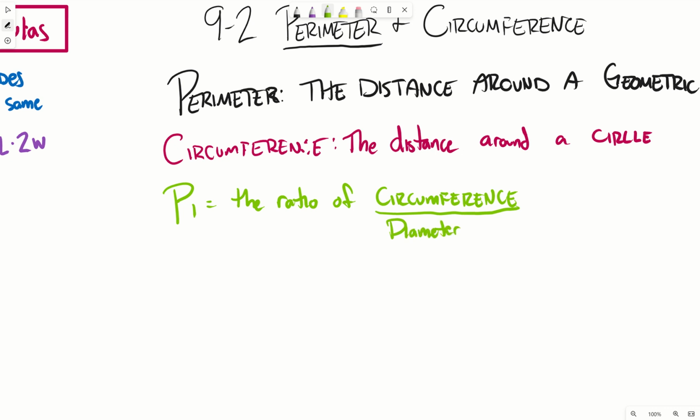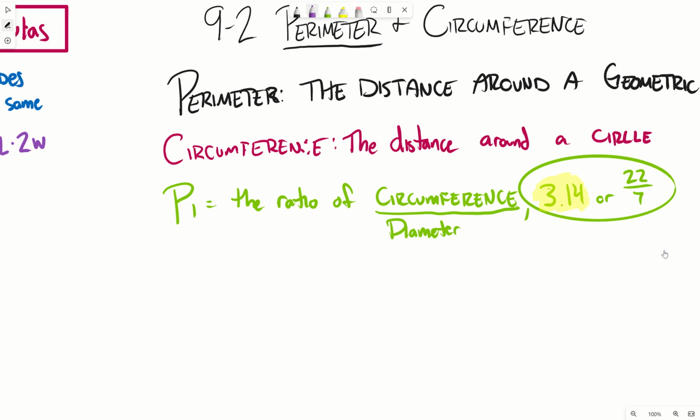So in any perfect circle, if you take the circumference and you divide it by the diameter, you get pi every time. And we say that pi is roughly 3.14 or 22 divided by 7. Either of these will get you approximate enough to pi. So we're going to use both of these. I would focus more on this 3.14 situation because who likes fractions? Nobody. But we're going to focus more on this 3.14.